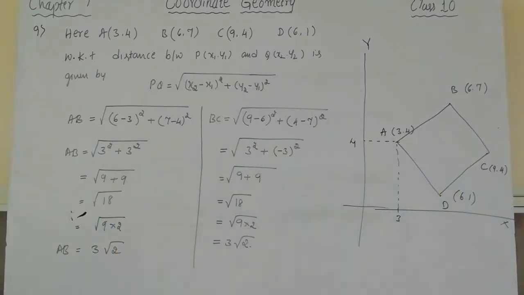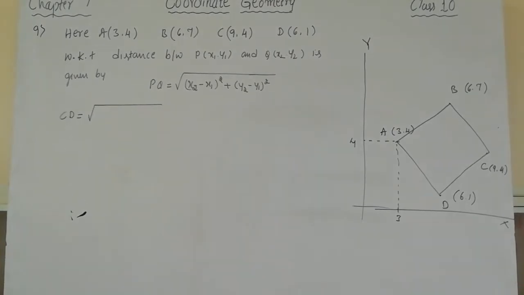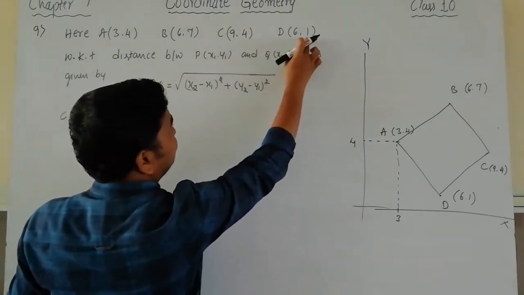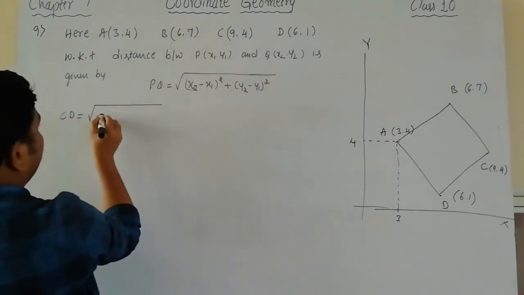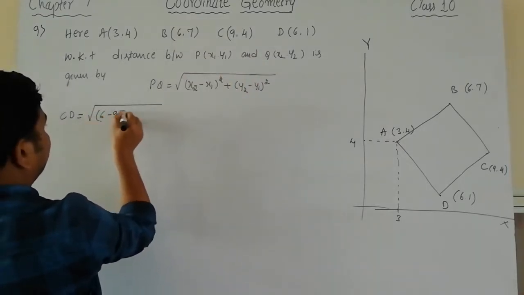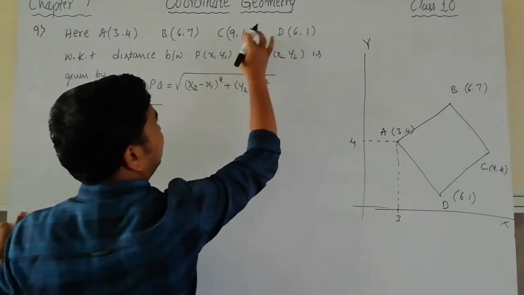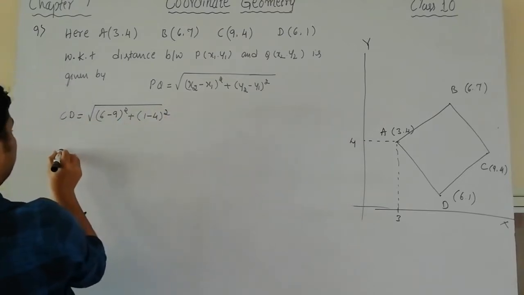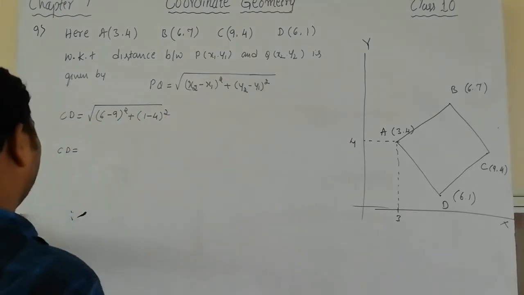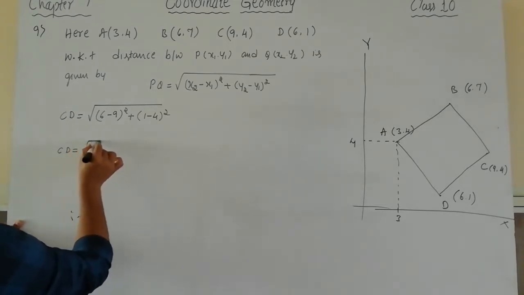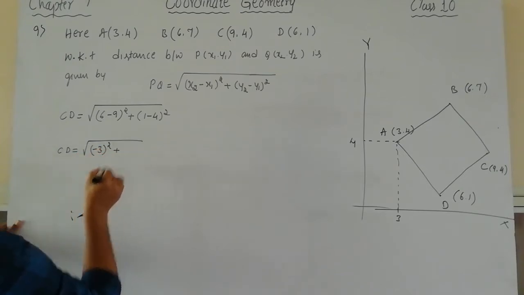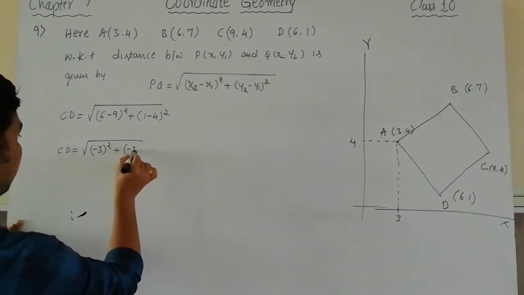Now I need to calculate the third one, CD. CD is equal to, look here, x1 y1, x2 y2. x2 minus x1 means 6 minus 9 whole square, and then plus y2 minus y1, 1 minus 4 whole square. 6 minus 9 becomes minus 3 whole square, and 1 minus 4 is negative, minus 3 whole square.